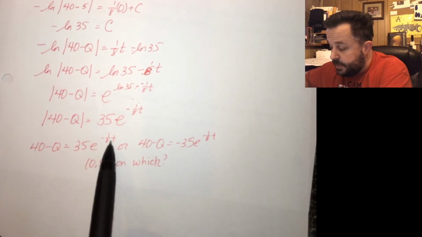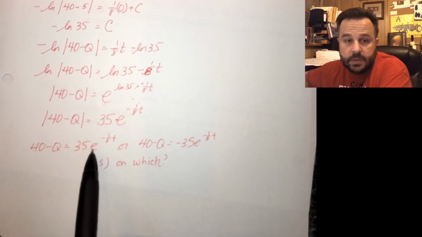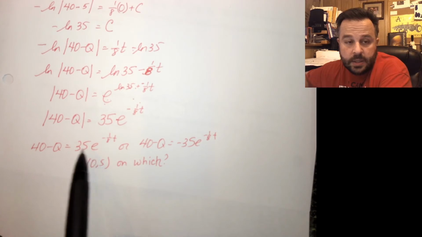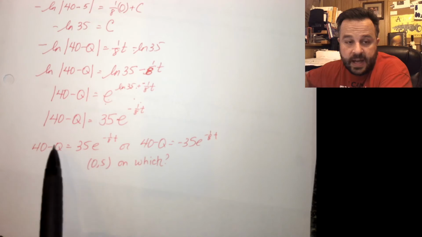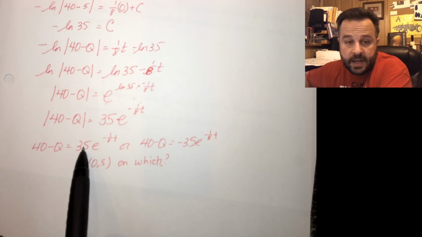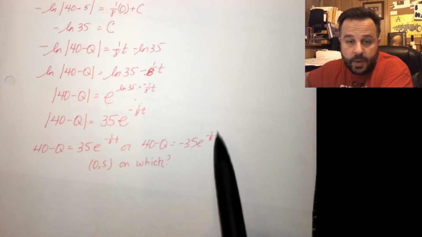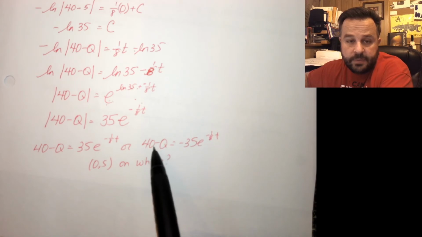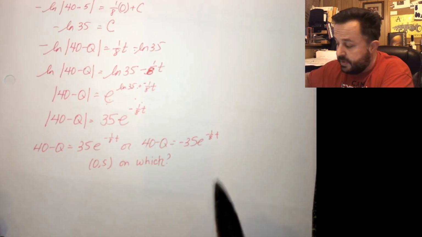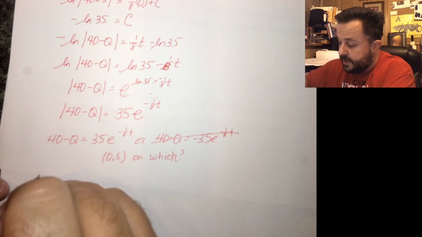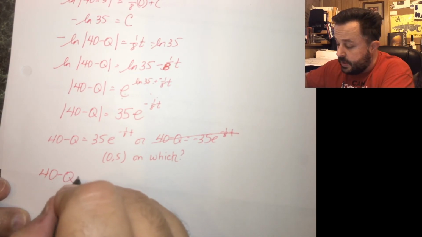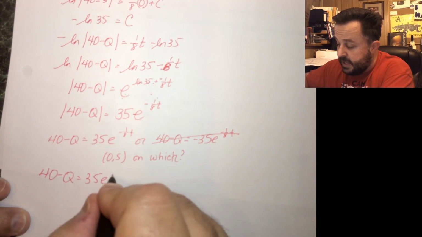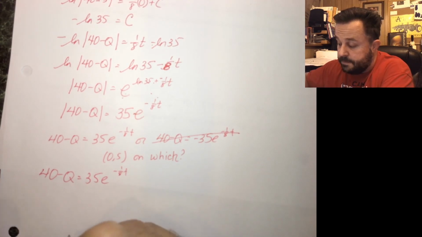If I plug 0 in here, 0 times negative 1/8 is 0, e to the 0 is 1. So I get 35. 40 take away q is 5. 5 does give me 35. Over here on the right, we would have got negative 35, and 40 take away 5 is not negative 35. So our function is 40 minus q equals 35 e to the negative 1/8 t.